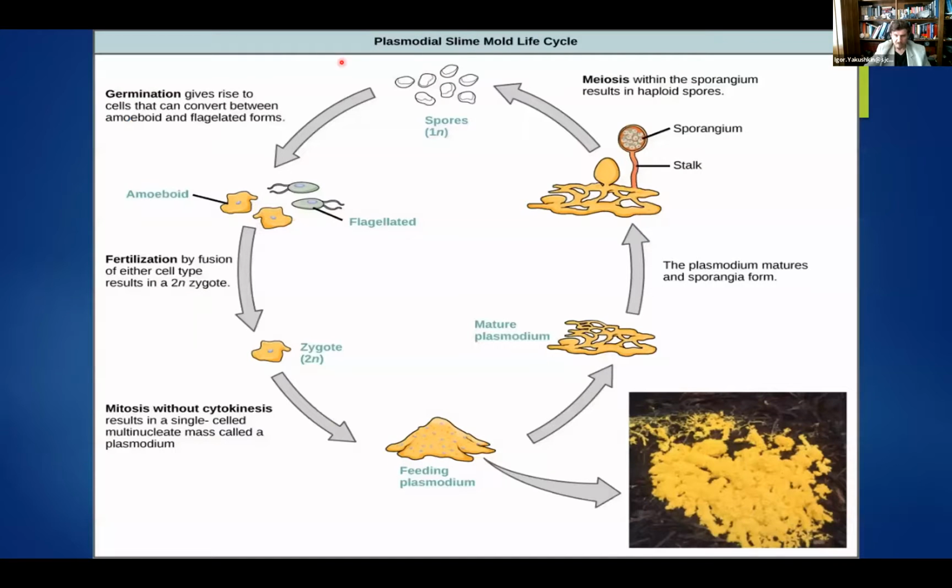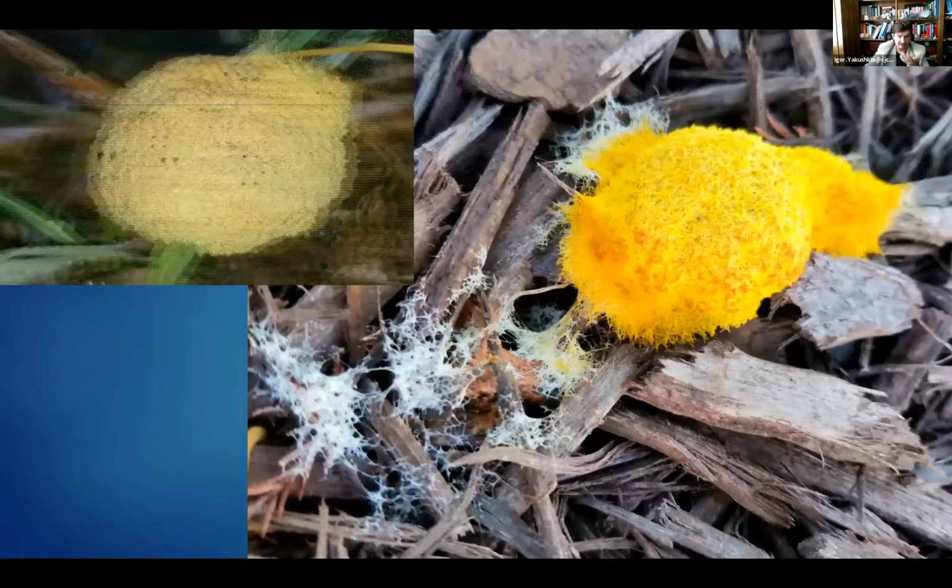So here we're looking at the plasmodial mold. Here's the picture of the feeding plasmodium. Once again, coordinating, then they create the sporangium, they create the spores, and so on. And this is the picture of the creature behind my house in a warm and shady area.